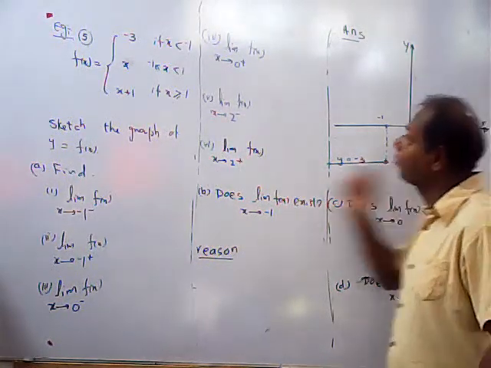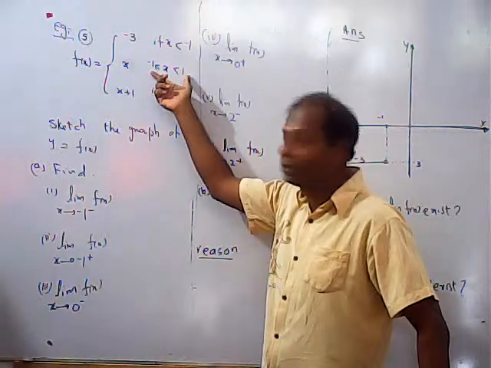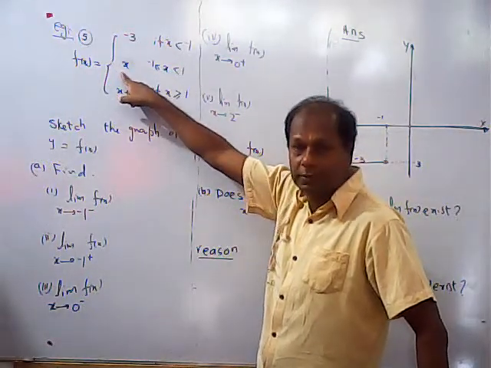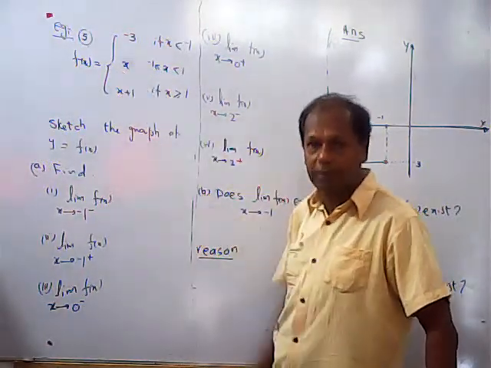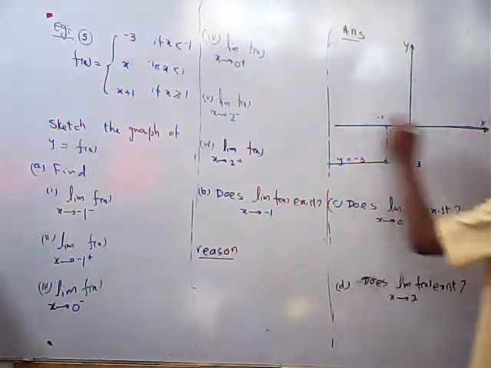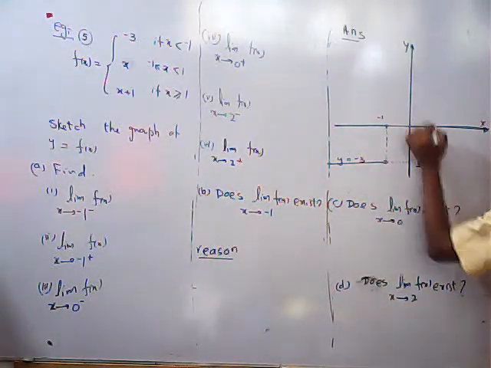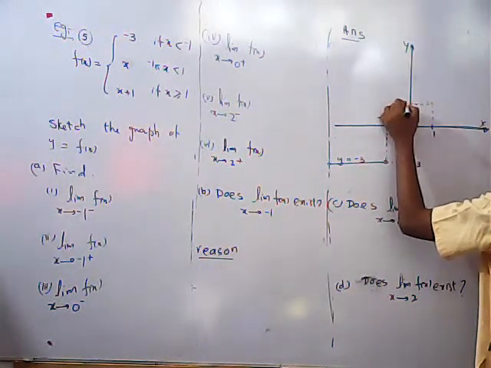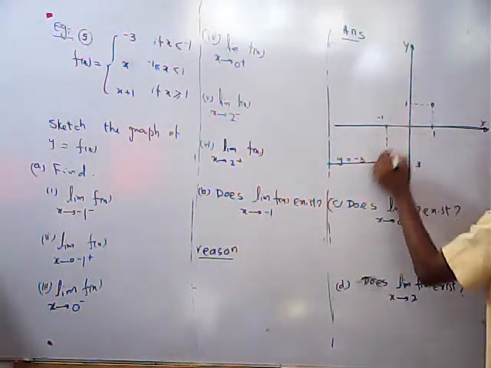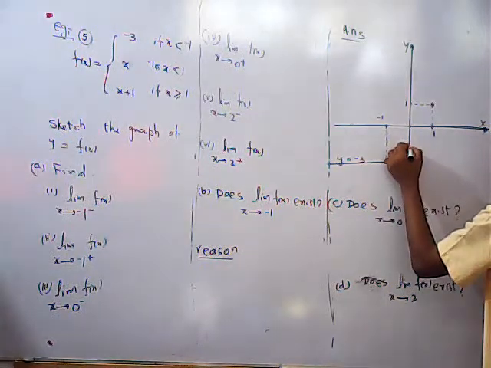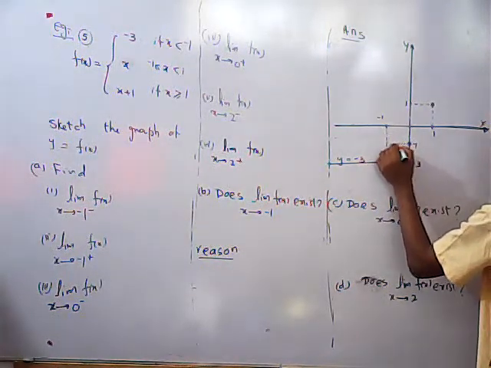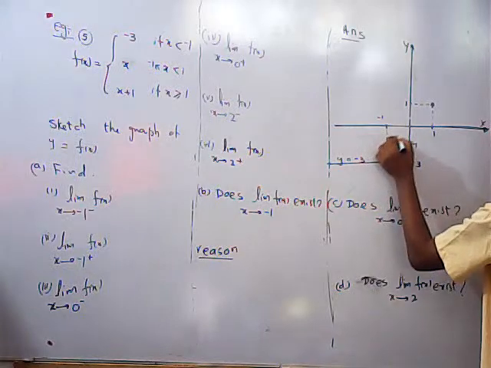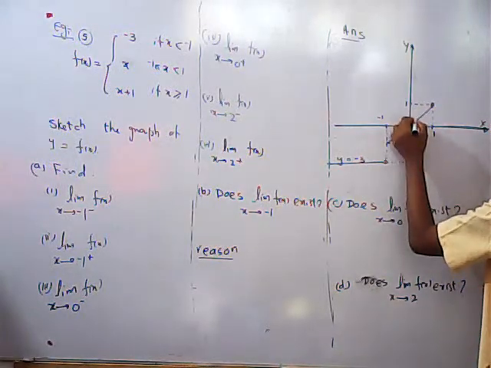And next, as x goes from -1 to 1, we have to draw y equals x.